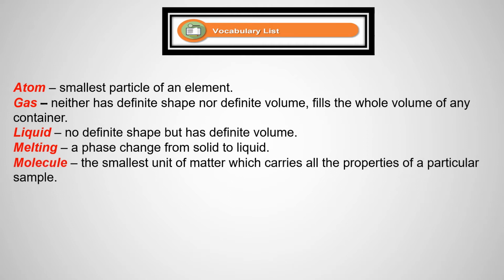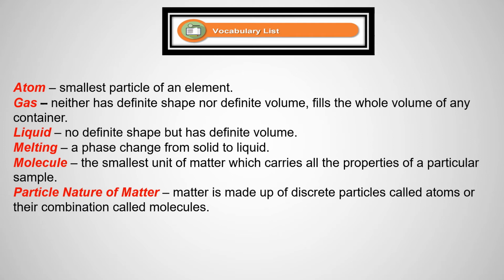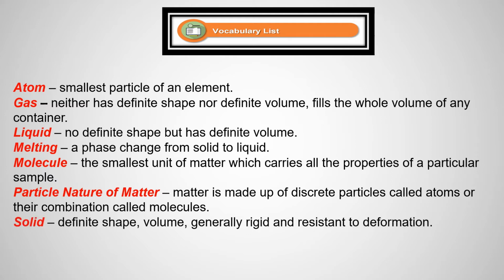Molecule is the smallest unit of matter which carries all the properties of a particular sample. Particle nature of matter: matter is made up of discrete particles called atoms, or their combination called molecules. Solid has definite shape and volume, and is generally rigid and resistant to deformation.